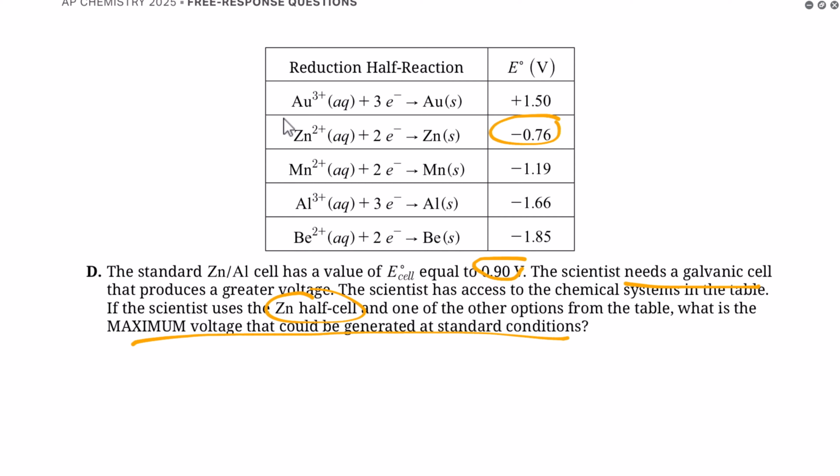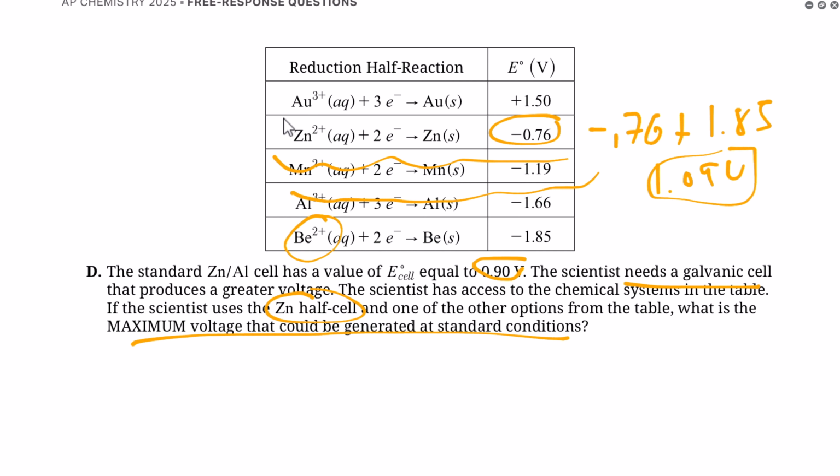So I'm going to go ahead and eliminate a couple of these. Basically, it's either going to be the one at the top or the one at the bottom. That's kind of how this always works here. So if I use Be, we keep negative 0.76, but this beryllium gets flipped to 1.85. So if I use beryllium here, I end up with 1.09 volts.